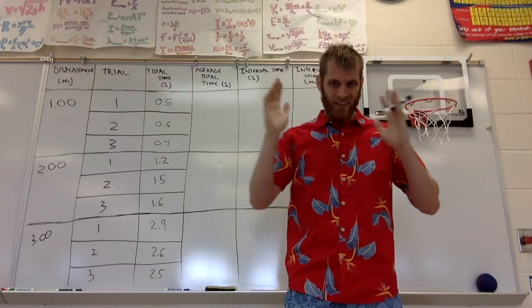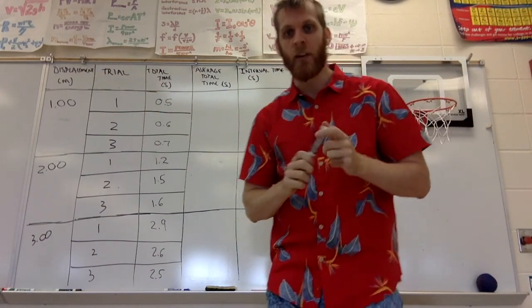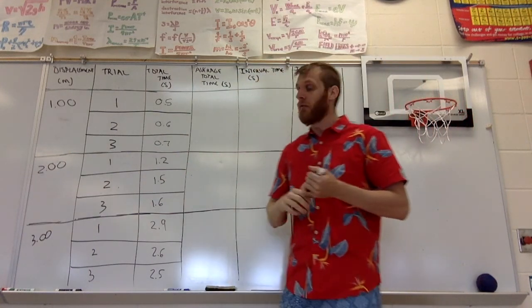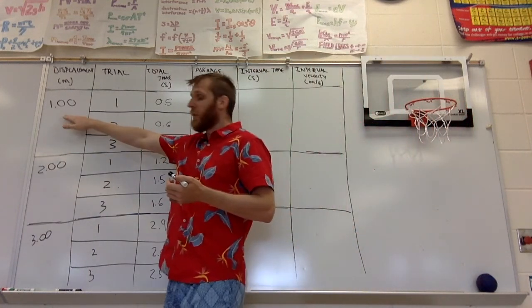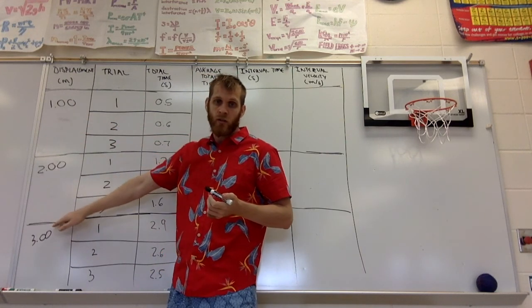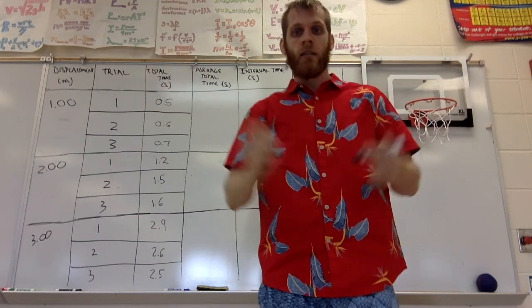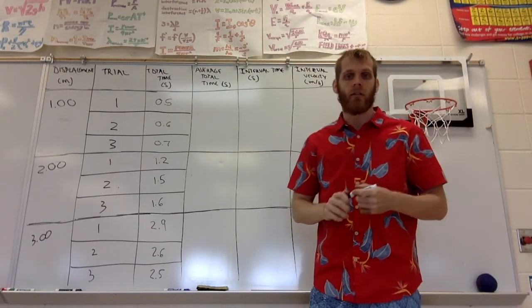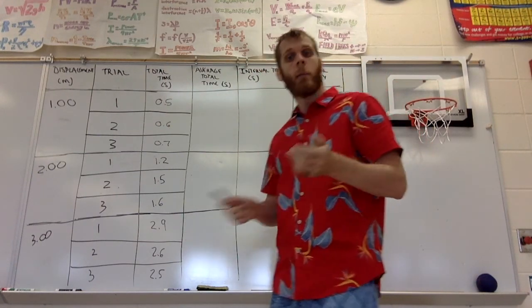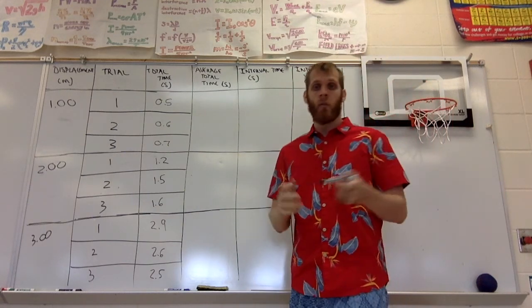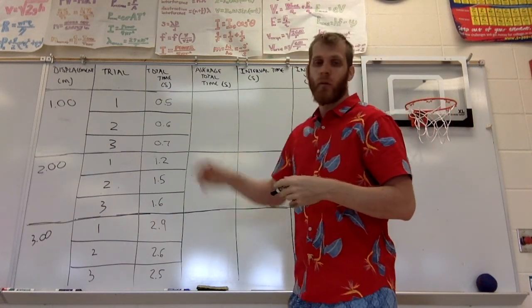And so I just did the first 3 values for you. It traveled 1.00 meters, then 2.00 meters, then 3.00 meters. And it continued on till about 10 or 11 meters, when it hit the wall. I only did 3 trials. You could do much more, but I only recorded 3 trials.